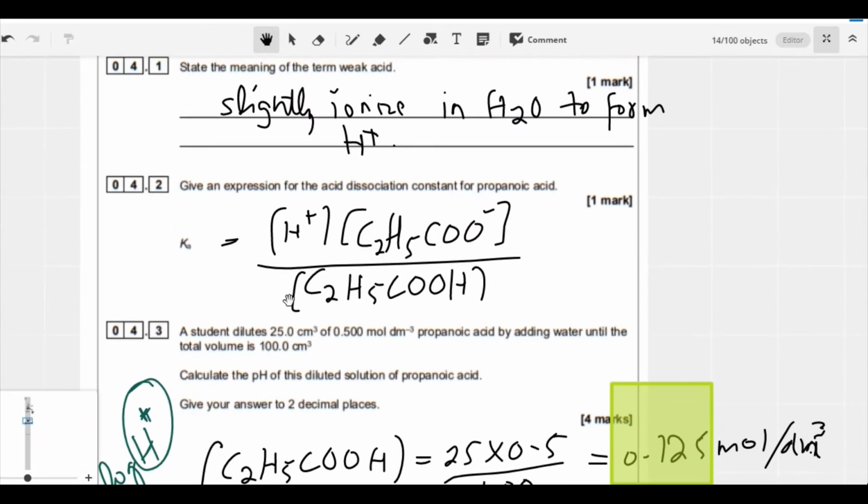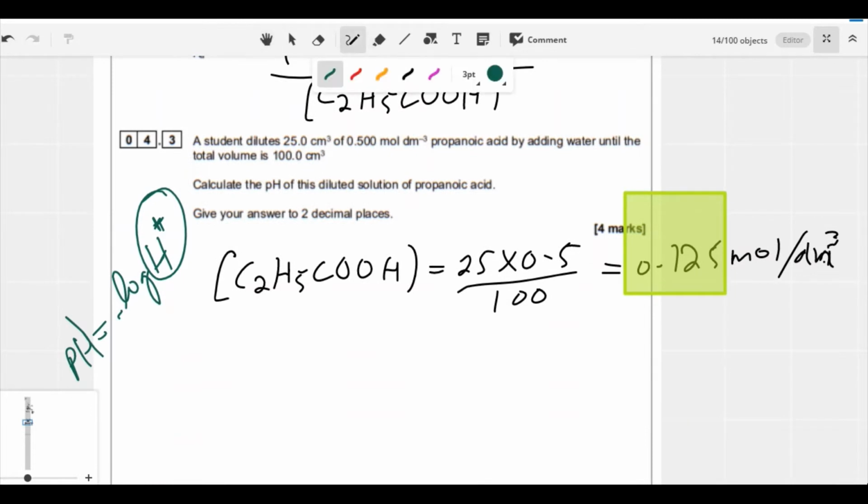From the equation you can see that Ka is the product of the two ions, hydrogen ion and C2H5COO negative, over the propanoic acid. So H positive square is equal to Ka multiplied by the C2H5COOH concentration, that is 0.125.